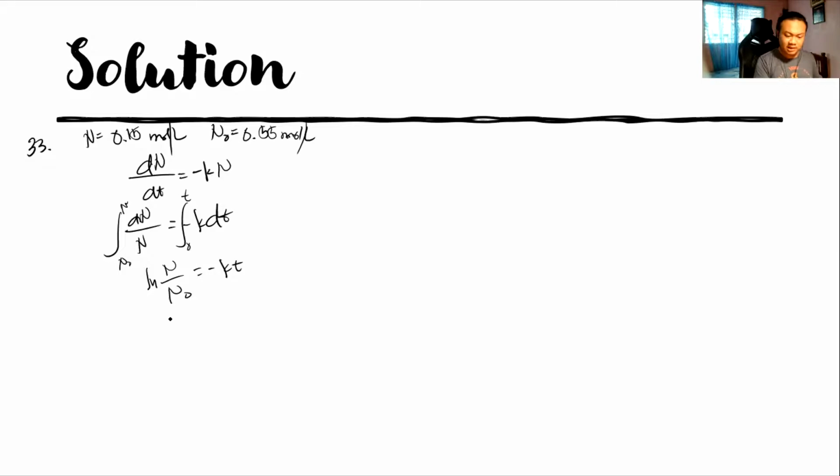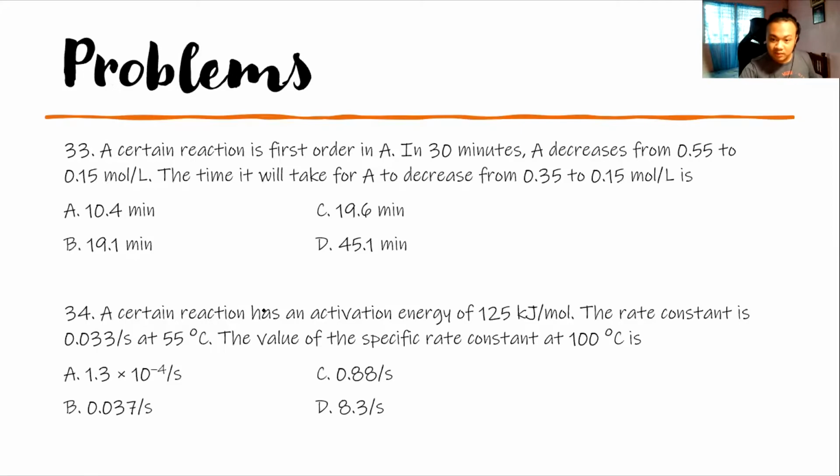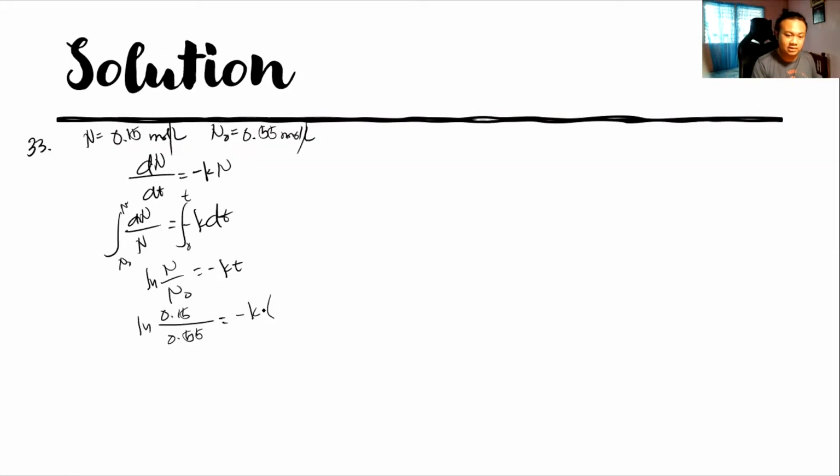So now let's substitute. We have ln of 0.15, the final concentration, over 0.55, equals negative k times the time given to us, which is 30 minutes. So t is 30 minutes.